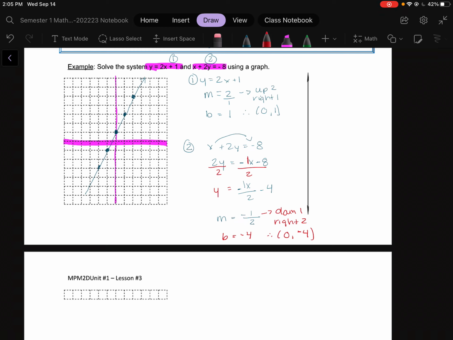Then you're going to do the other color for your number 2. So we're plotting this one as well. So our B is at 0 and -4. So plot that. And then for this, we go down 1 to the right 2, down 1 to the right 2, up 1 to the left 2.